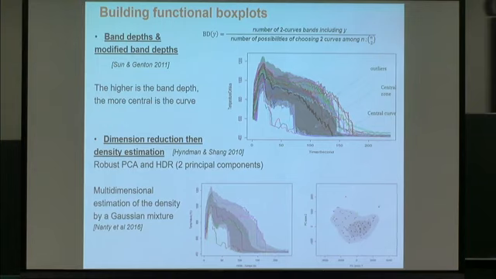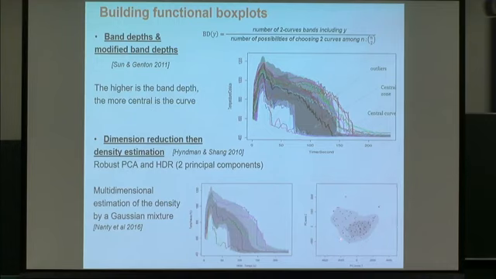Well, this is a first technique, and a second technique is to pass by dimension reduction of the functions, for example by principal component analysis, and then in the reduced dimension space we make HDR.